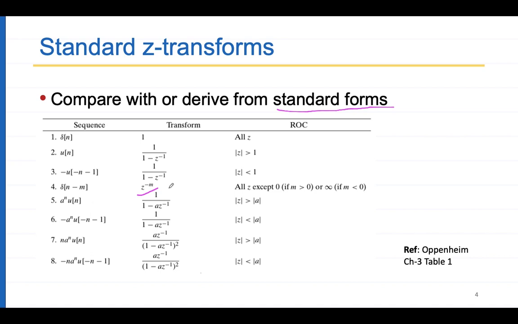Another form is 1 upon 1 minus a z inverse. These two are pretty much standard forms, and if you remember them, you can find most of the inverse Z transforms that we will require for this course.